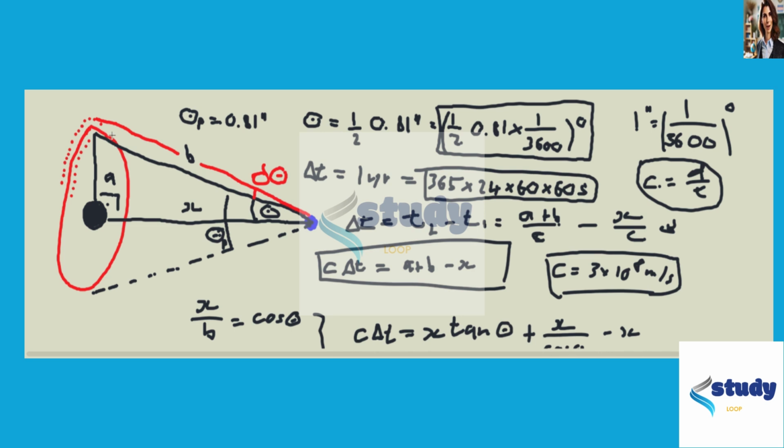So what I did here, for example, was to say, okay, I know that the angle to the center of the ring is roughly this value of a half times 0.81 divided by 3,600 degrees. Okay, and that corresponds to some value like 5 centimeters, for example, on the image that you're given.